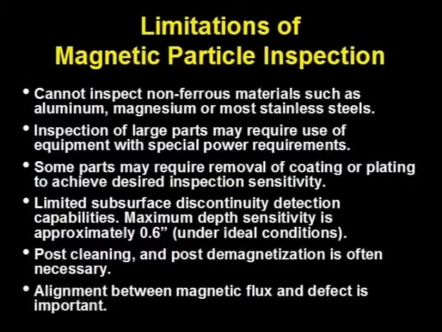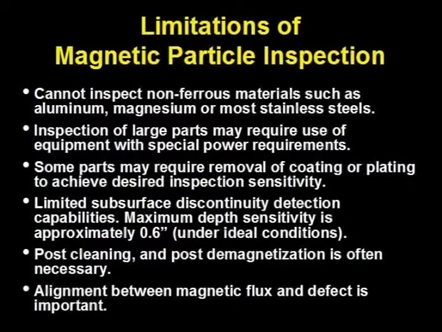The limitations of magnetic particle inspection include: non-ferrous materials such as aluminum, magnesium, or most stainless steels cannot be inspected because they cannot be magnetized. Inspection of large parts may require the use of equipment with special power requirements. Some parts may require removal of coating or plating to achieve the desired inspection sensitivity.